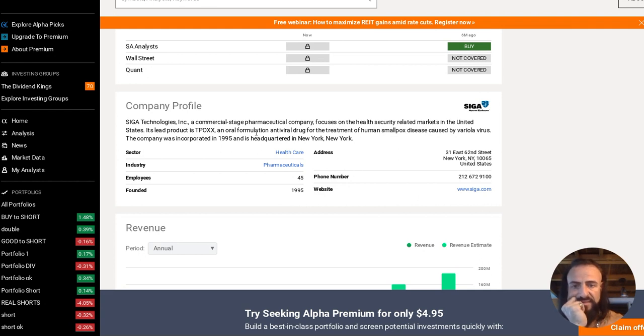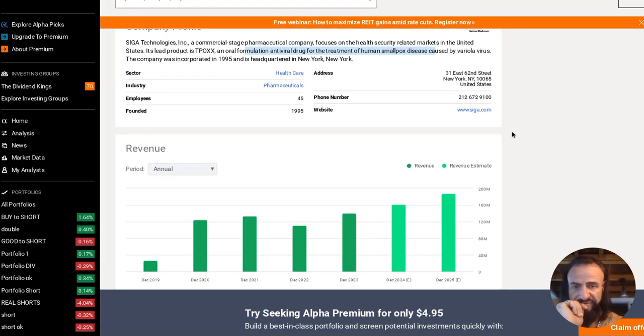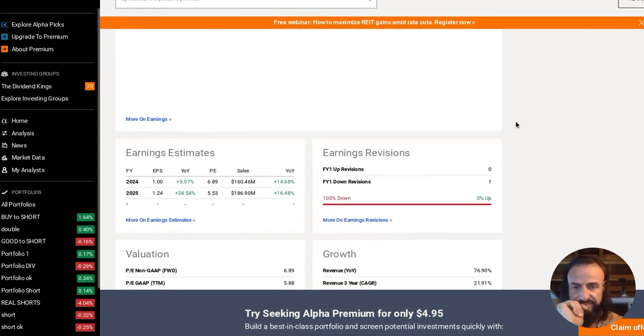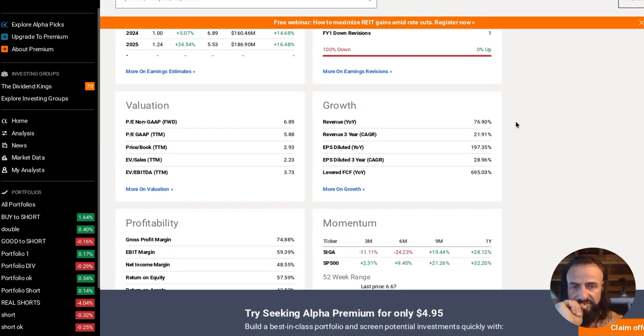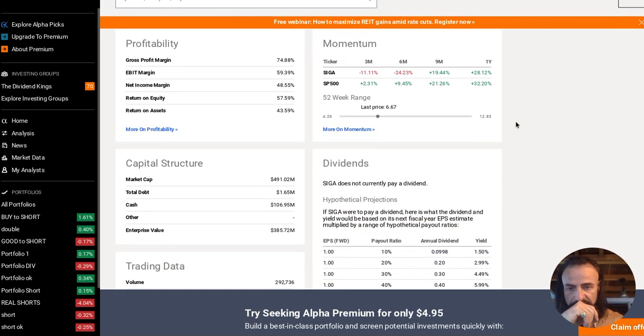It looks like a formulation antiviral drug for the treatment of human smallpox disease caused by variola virus. It's a small company, 45 employees. Not too sold on that because it's a small cap, but it looks good.